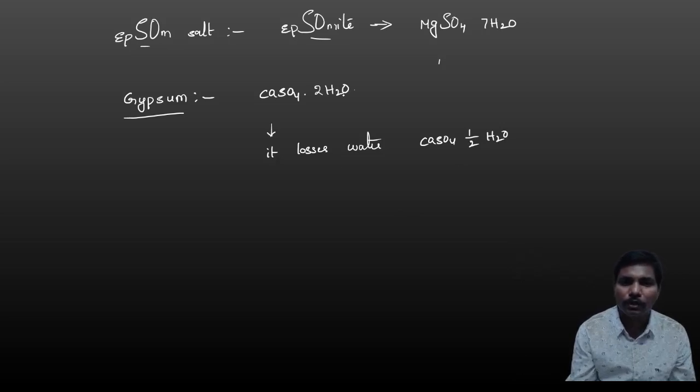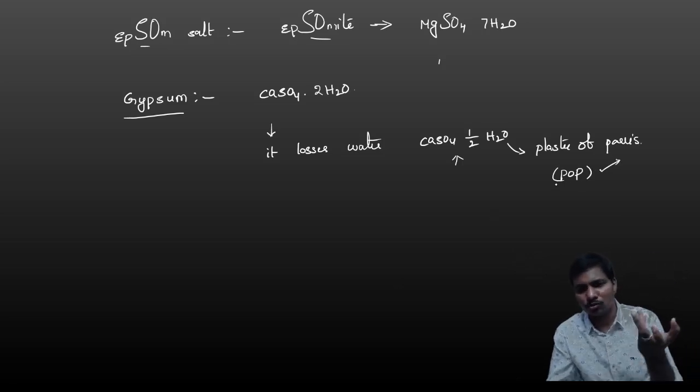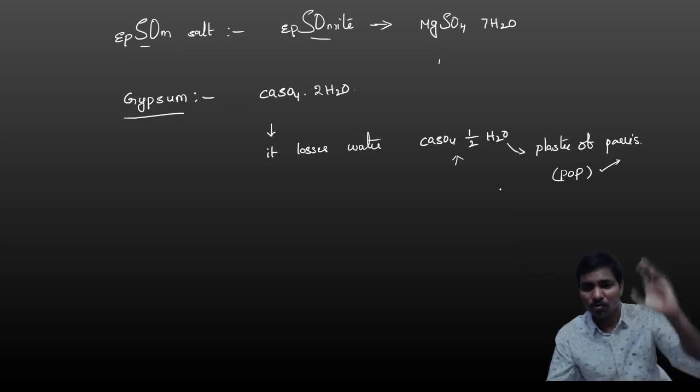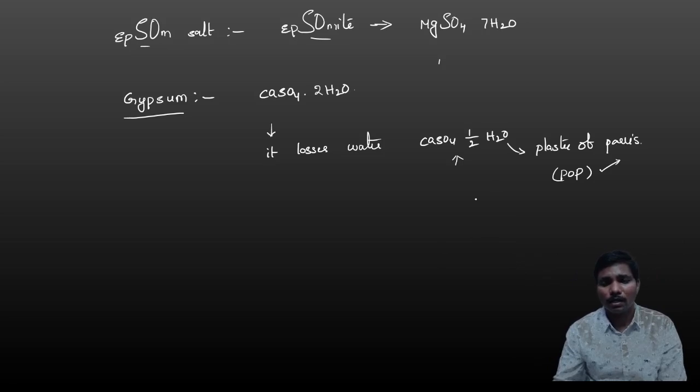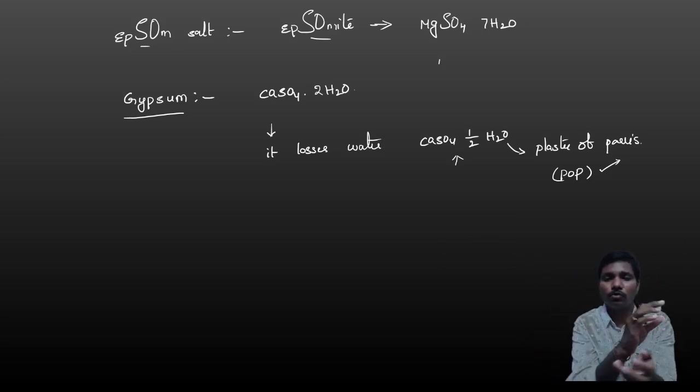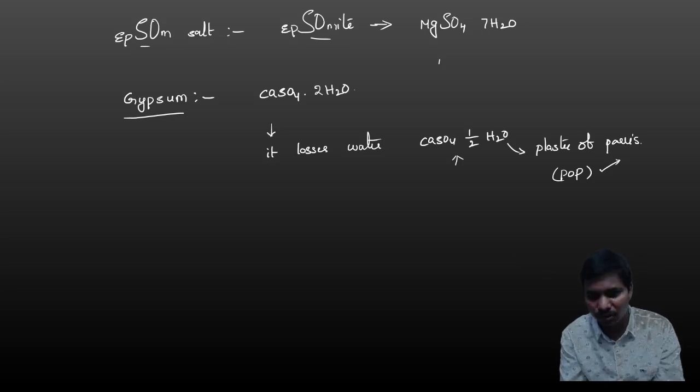Whenever calcium sulfate 2H2O loses water, it becomes half H2O. It is called as plaster of Paris, POP. It is used in decoration, that means so many decorative idols or wall ceilings, and also whenever any bones are fractured, it is used as the bandage.